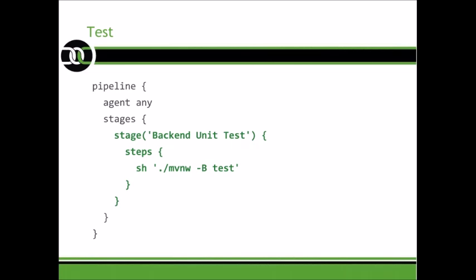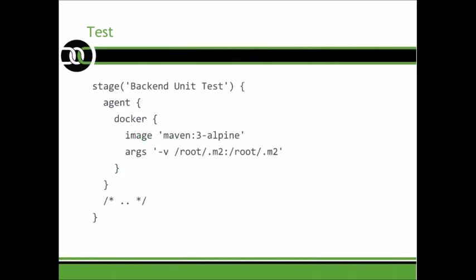The simplest version of it would be to run Maven using the test goal. Excuse me, Maven terminology sometimes escapes me. And much like the previous stage, it's also Maven dependent. So we'll add the same Docker agent block that we had from the previous stage.